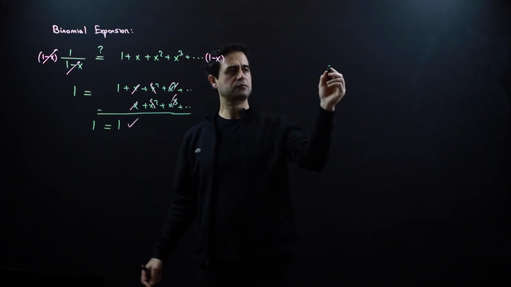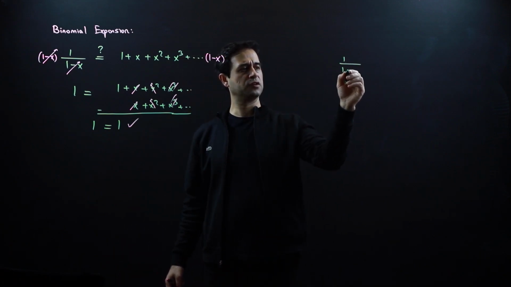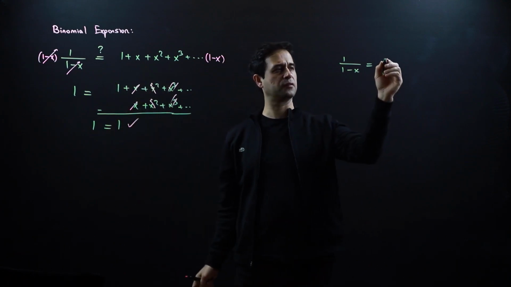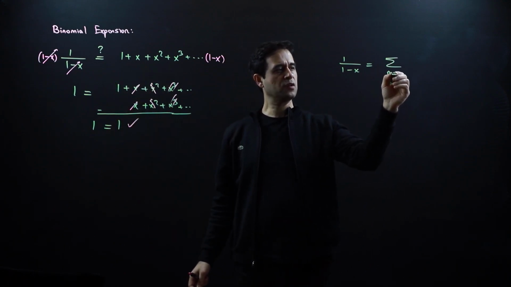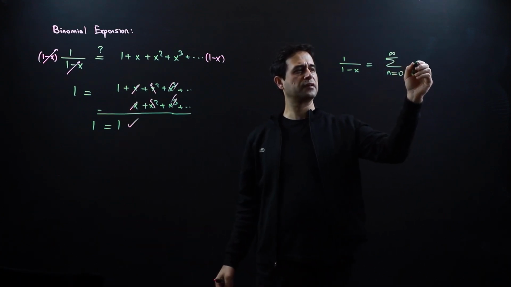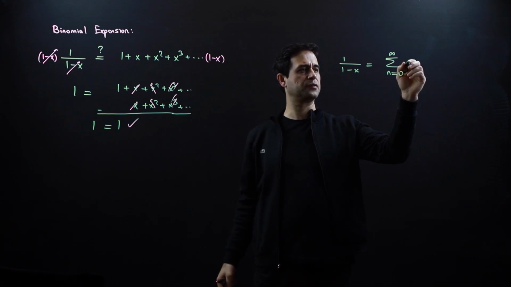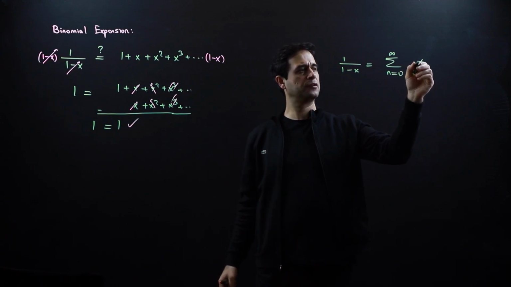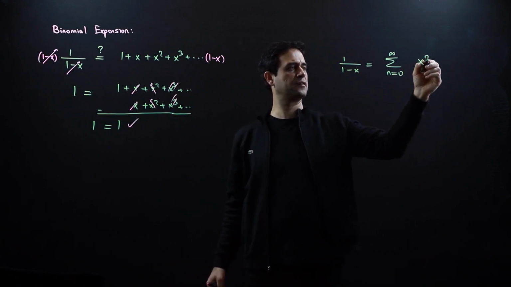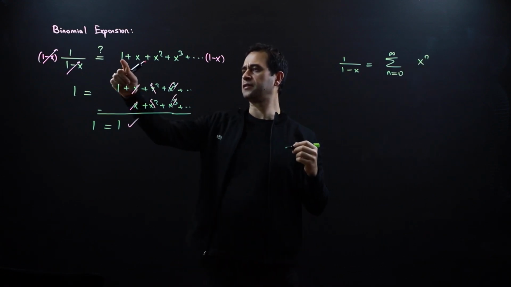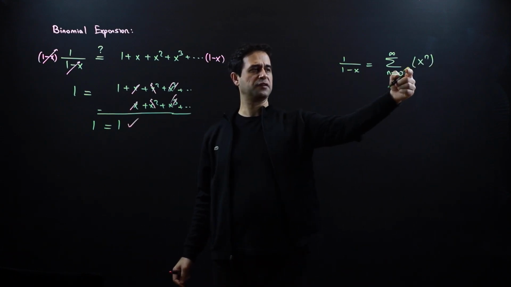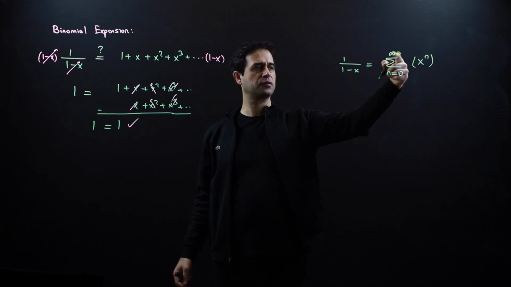So 1 over 1 minus x is therefore, you start from n is equal to 0 to infinity, so all of them are positive, so there's no power of 1 in here, not necessary, and that's x to the n, and it starts from n is equal to 0.